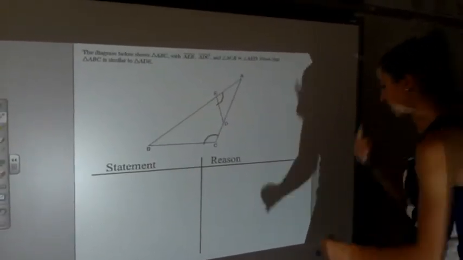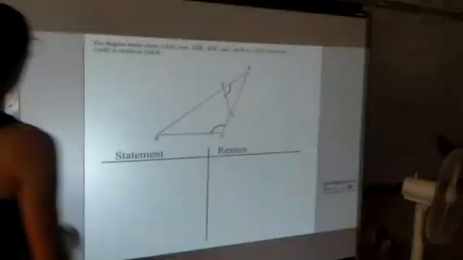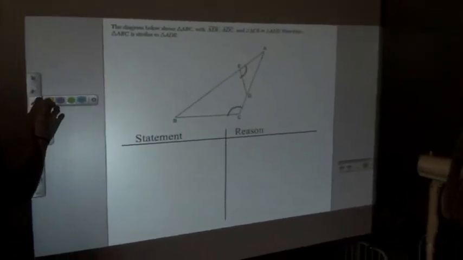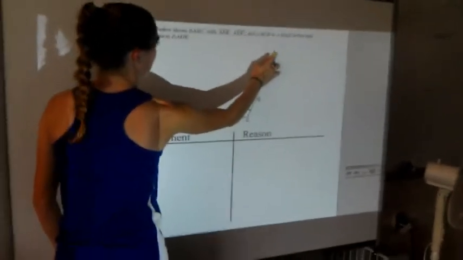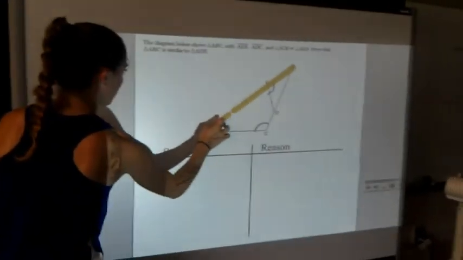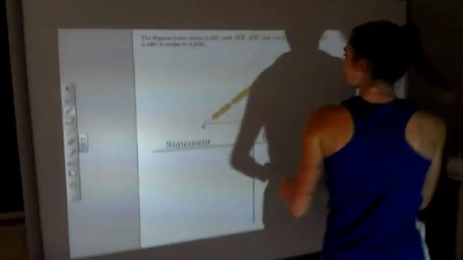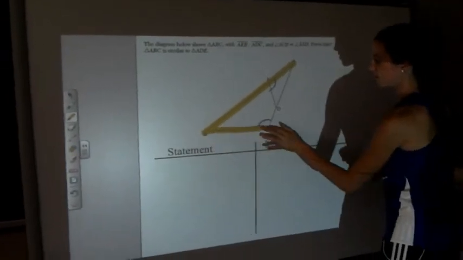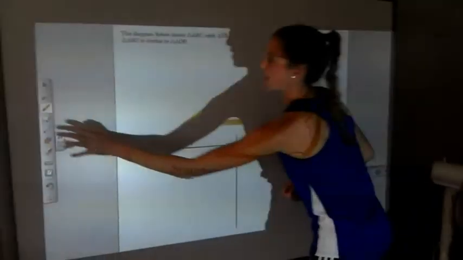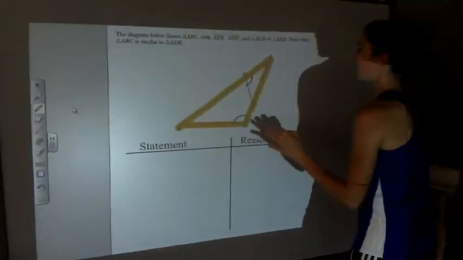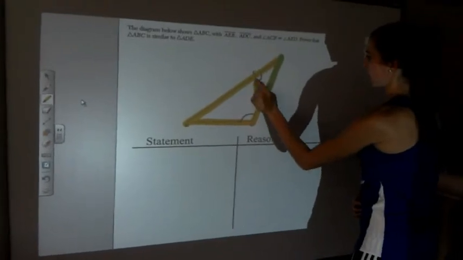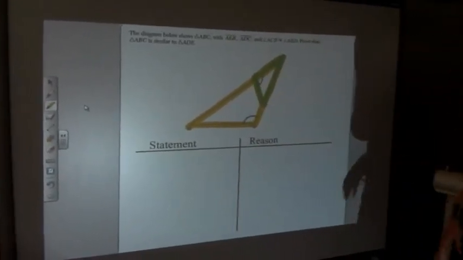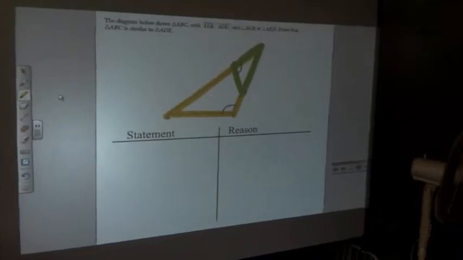We are asked to prove that triangle ABC is similar to triangle ADE. And we have set up our statement and reason table. Ladies, are you ready to take it away? Ready.